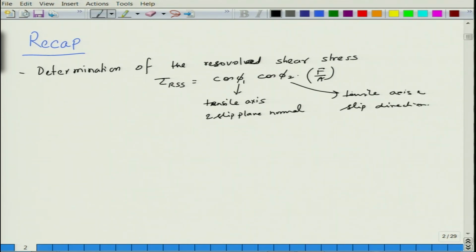So, you need to take care of all the slip systems, consider all slip systems.